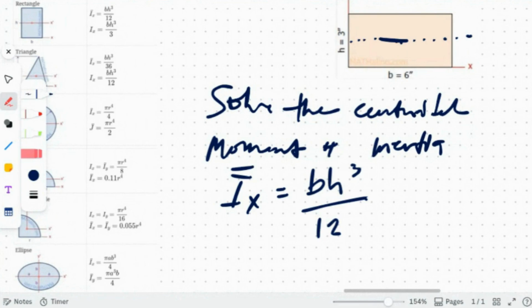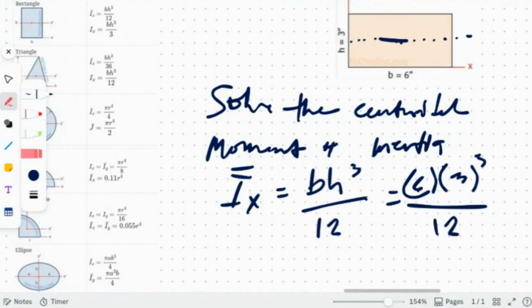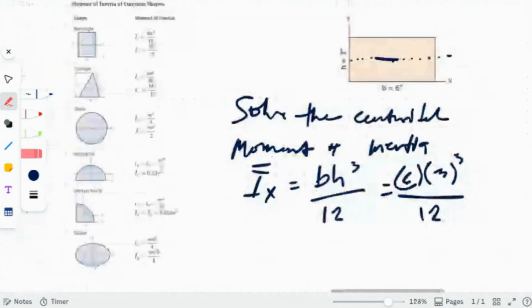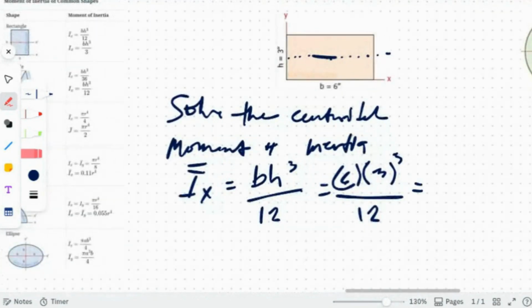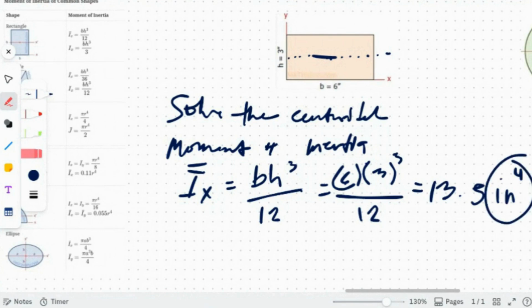So about this axis, we will solve 6 times 3 cubed over 12, and here we will get 13.5 inch to the fourth power. So take note that this is the unit.